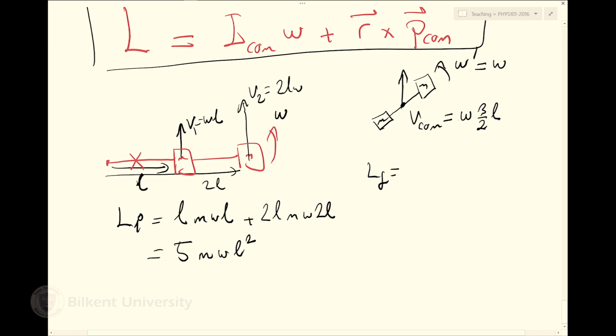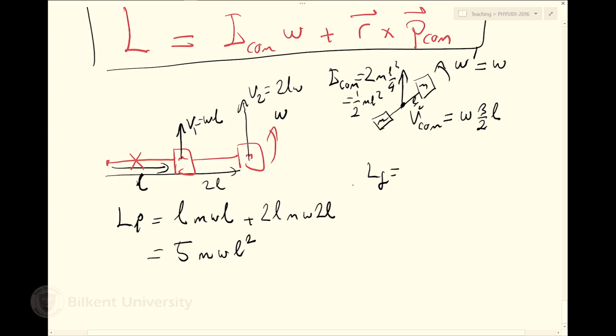How about in the final situation, when these two masses are rotating and moving away? What's my V center of mass? We have found it. Okay, let's first calculate I center of mass for this configuration. I have two masses which are a distance L over 2 from the center of mass, so this is going to be 1/2 m L squared.